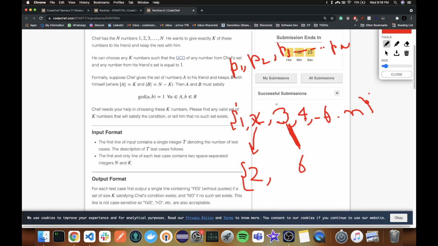So if I remove a set of numbers from here, then I'm essentially removing some primes from this set, such that, let's say I'm choosing P1 and P3, all of their combinations raised to some powers K1, K2 are less than or equal to n. I'm removing them.